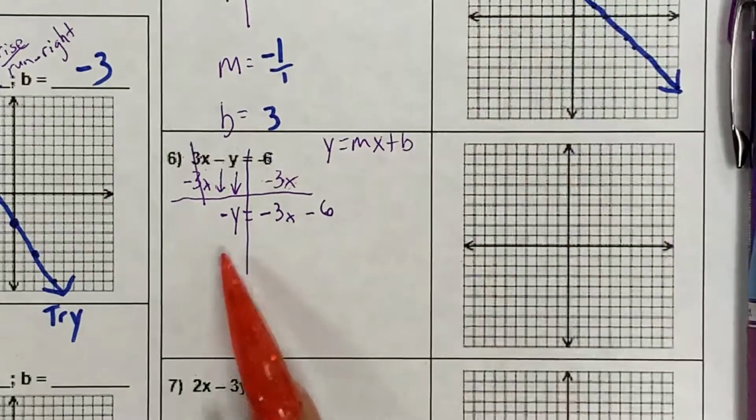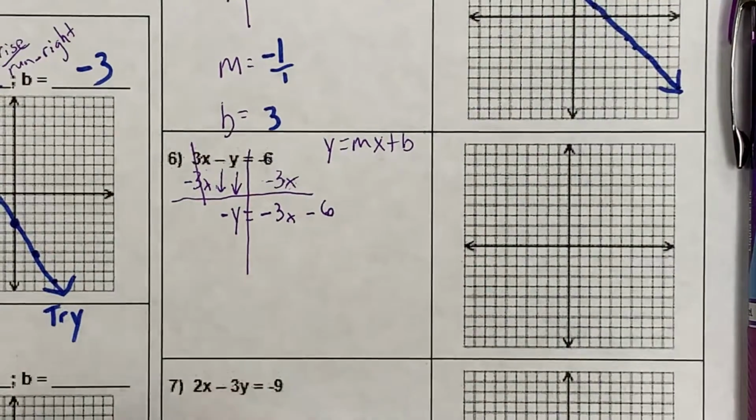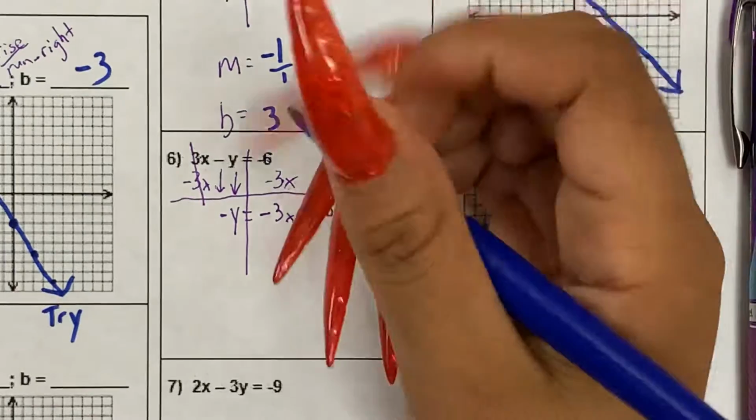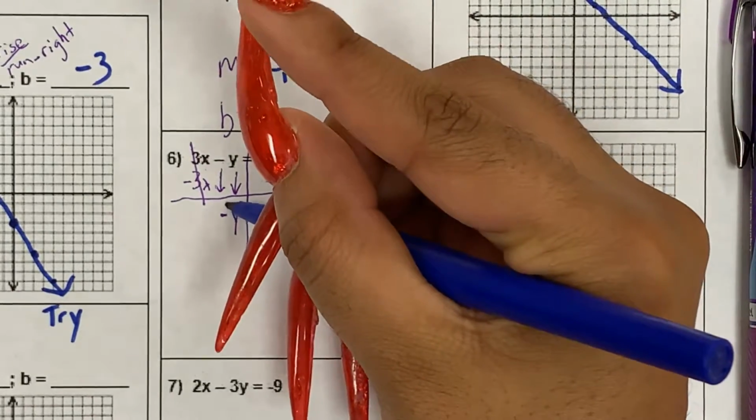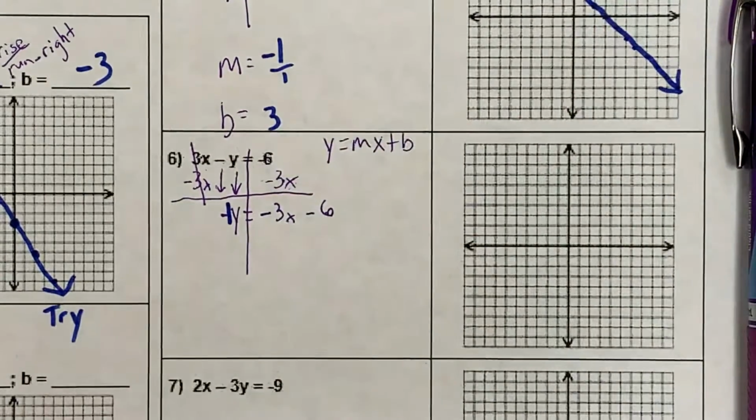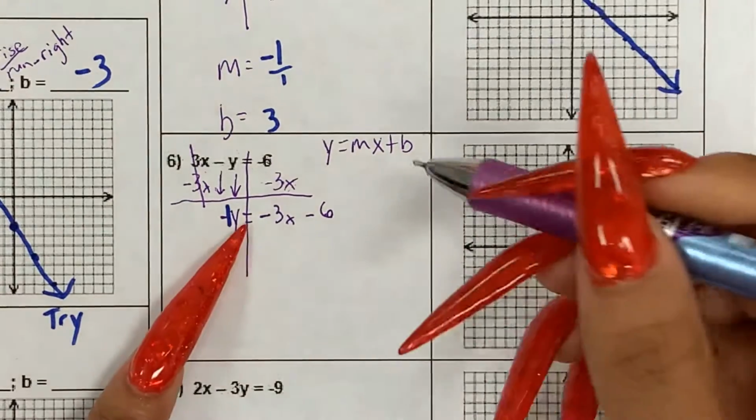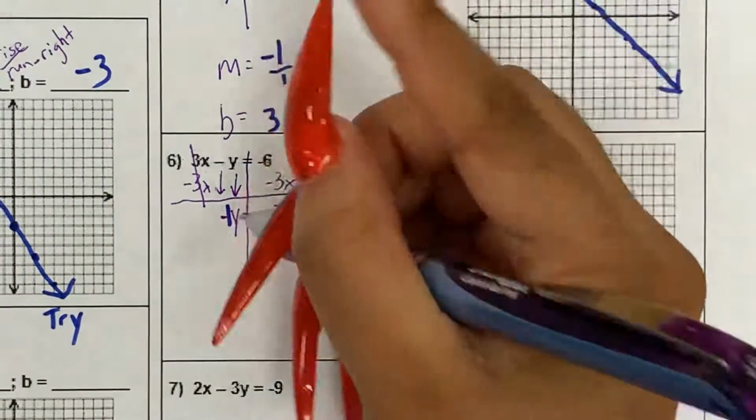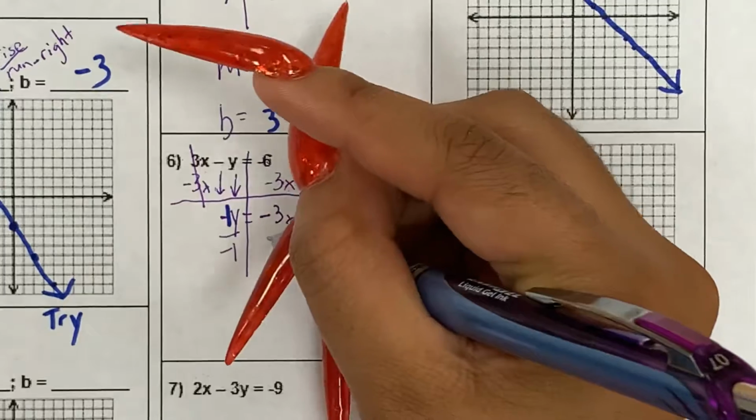All right, the y is not by itself because it has a negative in front of it. So you have to get rid of that. This is -1 times y. Do the inverse. Divide everything by -1.